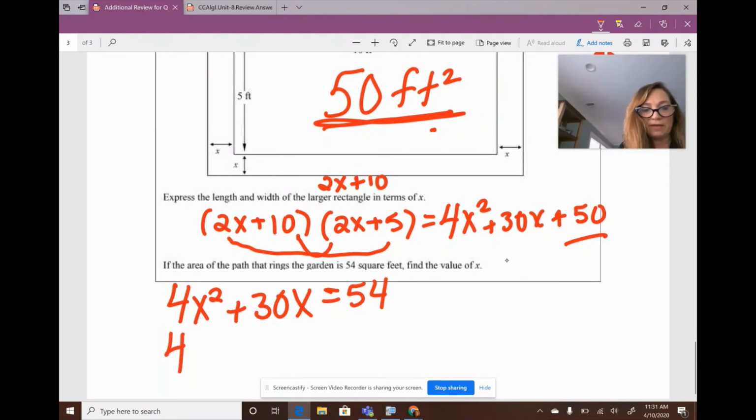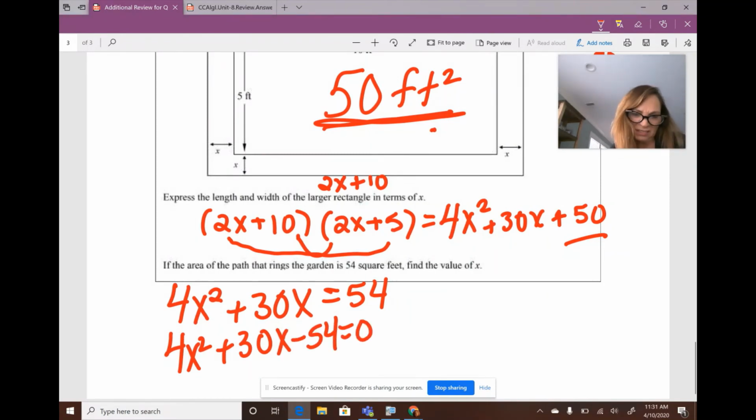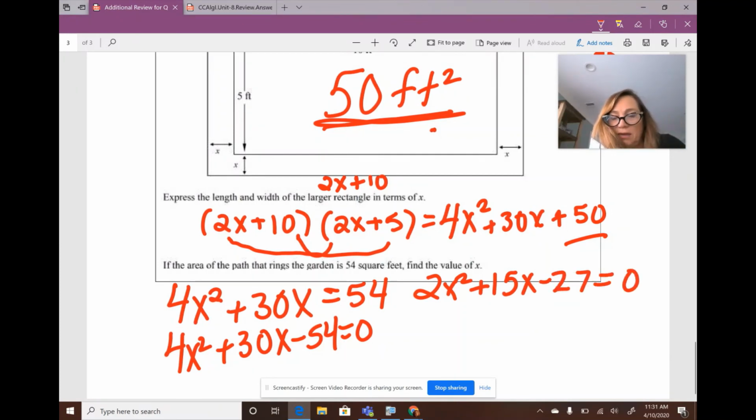Okay, so I get 4x squared plus 30x minus 54 equals 0. Now, just to make it a little easier to do, I'm going to divide by 2. So 2x squared plus 15x minus 27 equals 0. Okay. 2 times, I'm going to split.